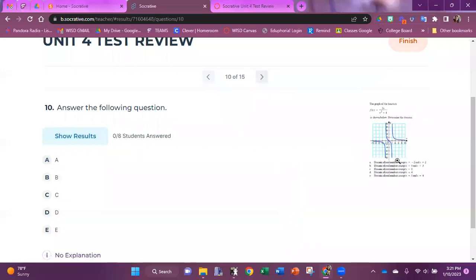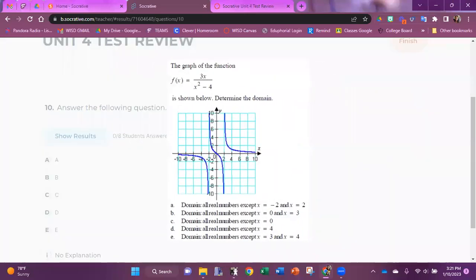Everybody got it. All right, let's try another one. What is the domain? What is the domain of the graph? No, the last question were the asymptotes. This one is what is the domain?